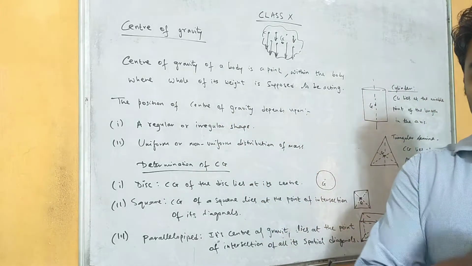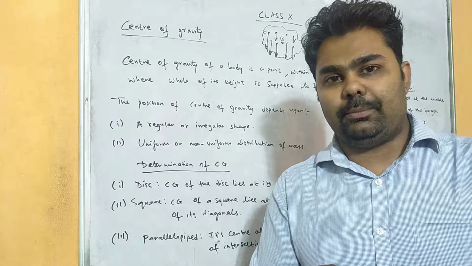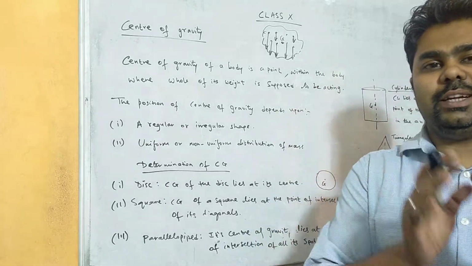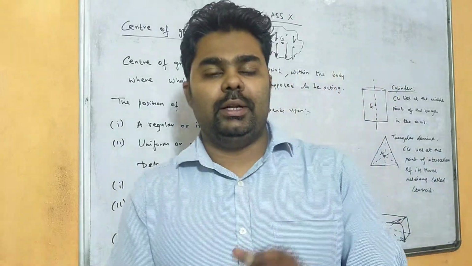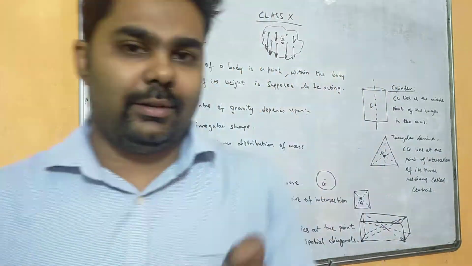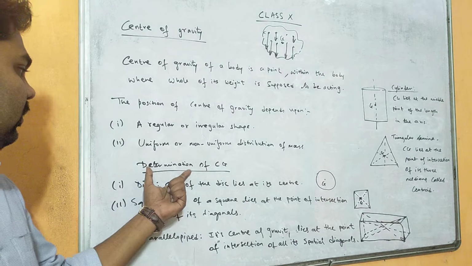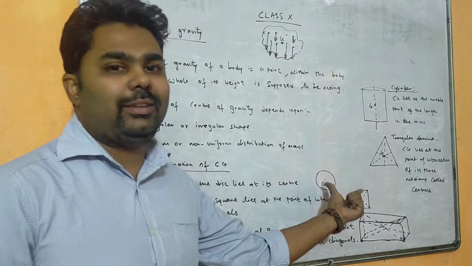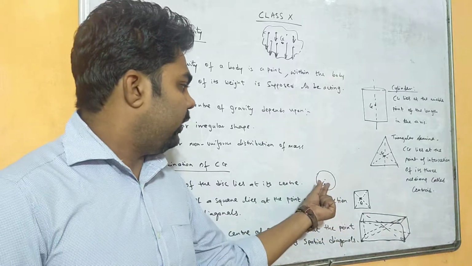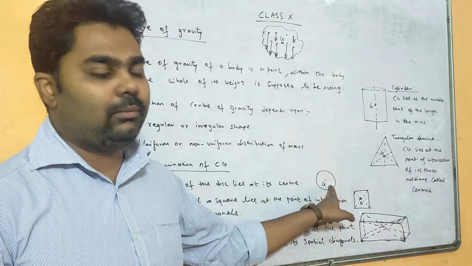Now we'll come across different uniform shaped objects whose center of gravity is fixed, so we can determine the center of gravity by looking at the shape only. You see, what is the center of gravity of a disc? A disc is of spherical shape, so the center of gravity lies at its center, right?